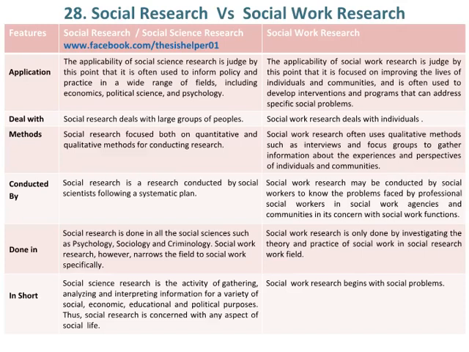In short, social science research is the activity of gathering, analyzing, and interpreting information for a variety of social, economic, educational, and political purposes. Thus, social research is concerned with any aspect of social life, whereas social work research begins with social problems.